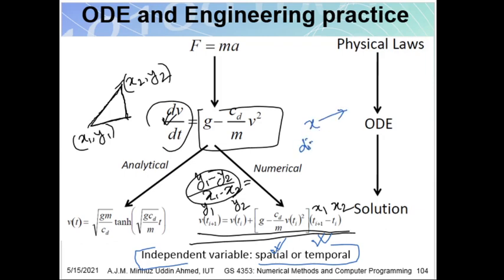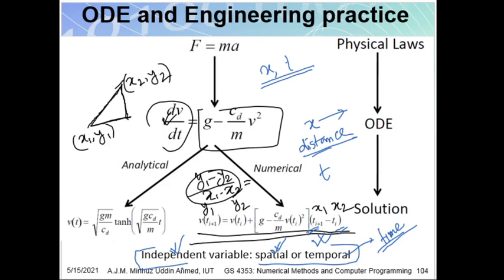This is an independent variable, which doesn't depend upon any other variables. The other is temporal, that is time. So these two are independent variables in most cases, either x or t, in our engineering practice. That is what we mentioned here.